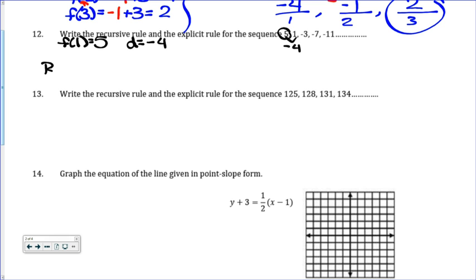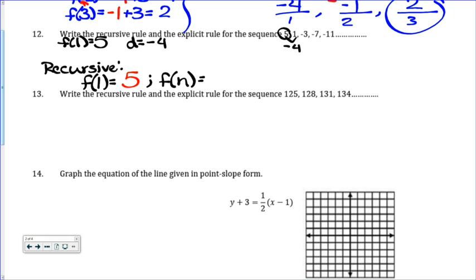Let's start with recursive. For the recursive rule, you need two pieces. You need to identify the first term, and then you need the function rule. We've already identified the first term is 5, so that part's done.